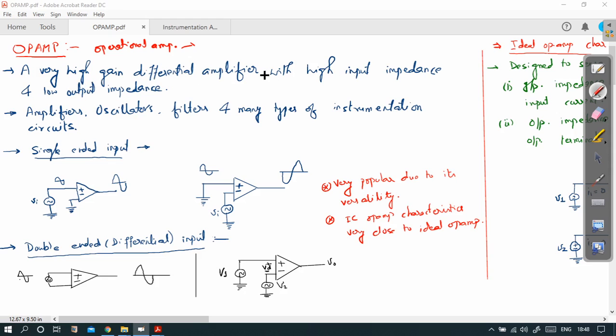Remember the four important parameters that define a good amplifier: input impedance, output impedance, current gain and voltage gain.